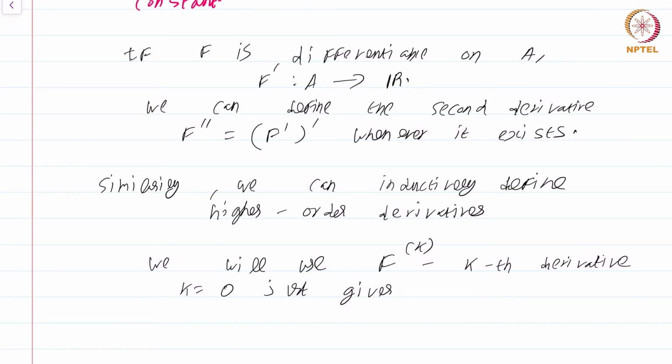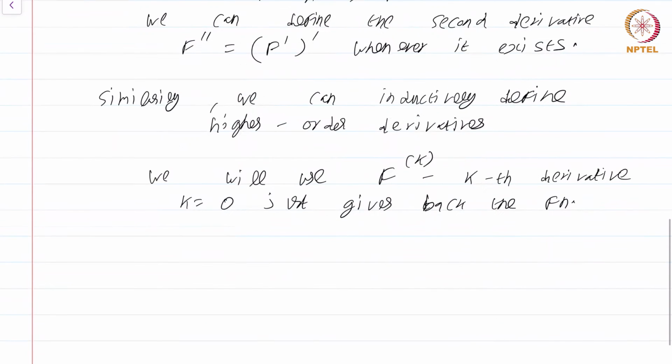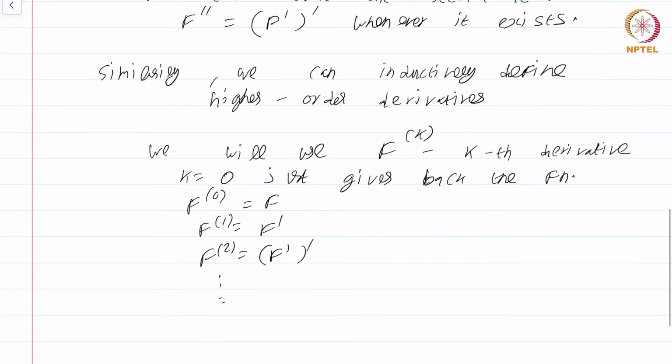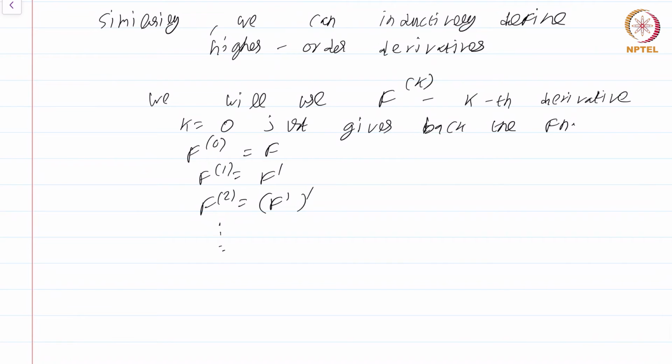This is just a convenient convention. So f superscript 0 is just f, f superscript 1 is f prime, f superscript 2 is f double prime, and so on. The k indicates how many times you are differentiating the function.